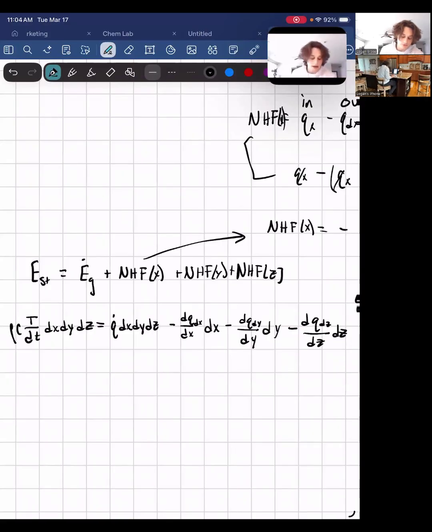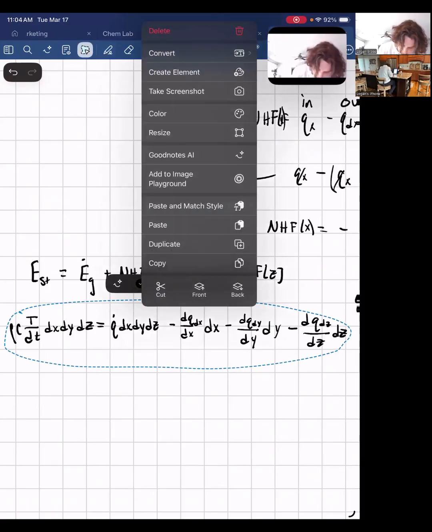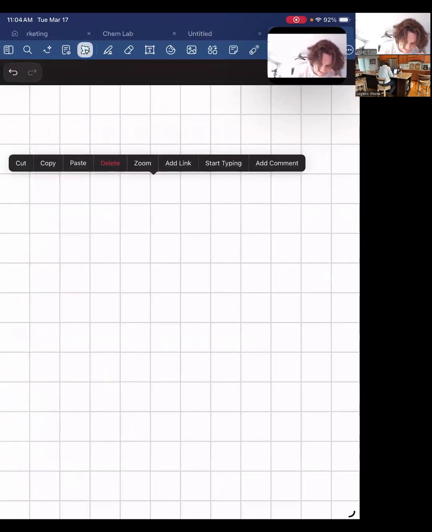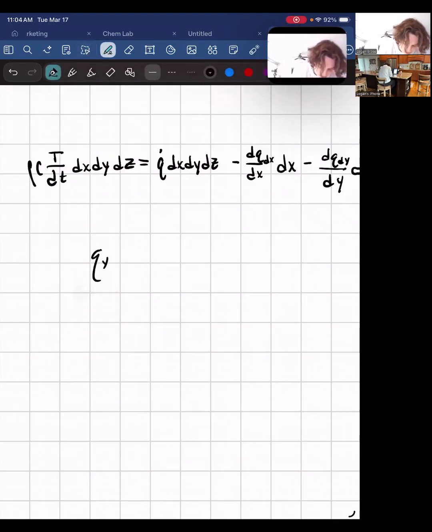And we're going to use this along with Fourier's law. So I'm just going to copy this real quick and bring it over to a new page. All right, so we know that Fourier's law is Qx equals minus k A dT/dx.